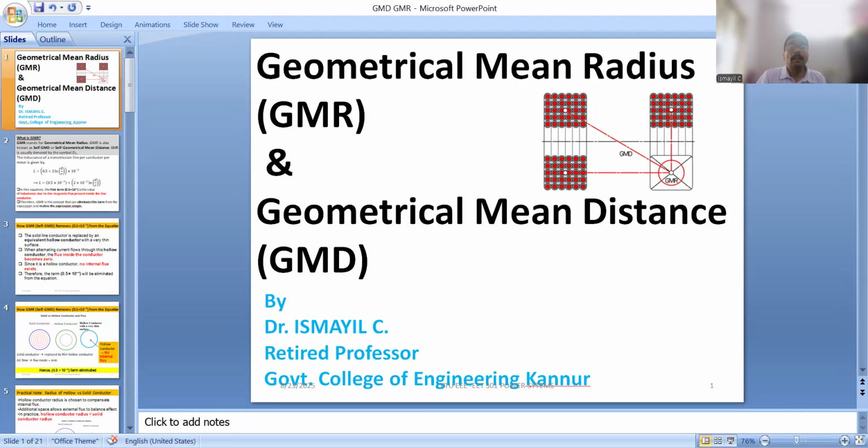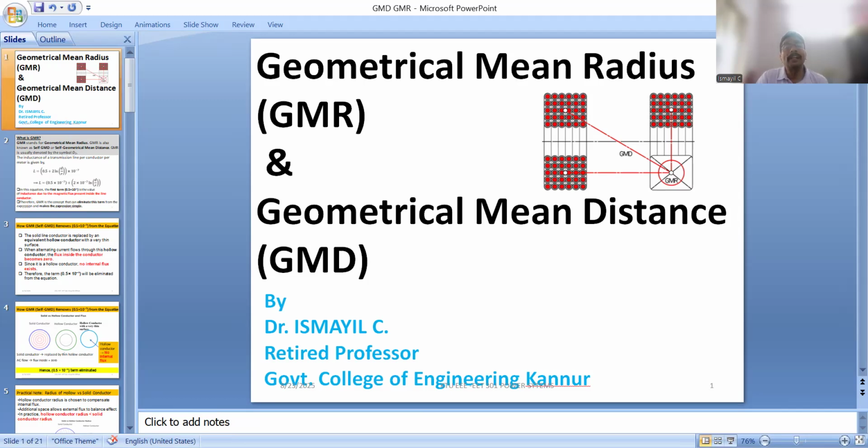Similarly, the center of second R to center of second Y, that is again 5 meter. What about the distance between first R and second Y? That will be 5.3 meter. Similarly, the distance between second R and first Y is equal to 4.7 meter.